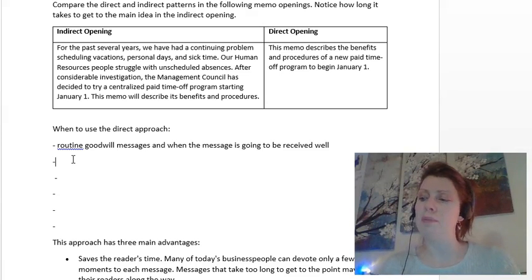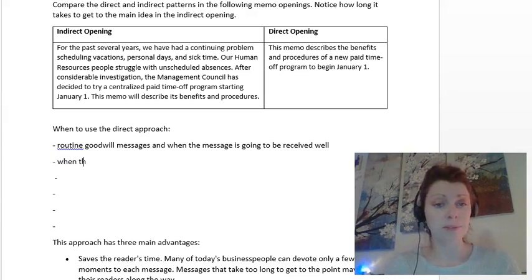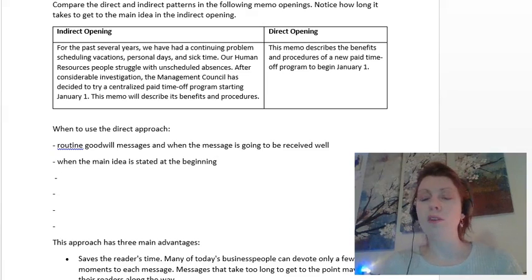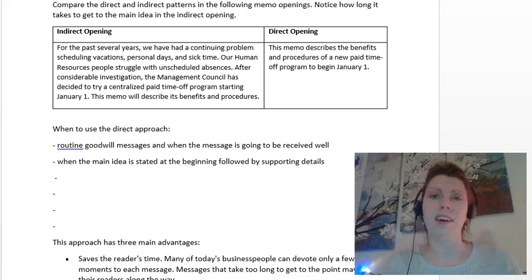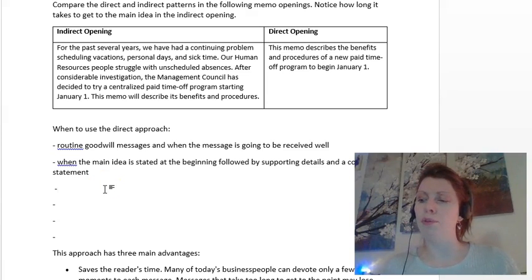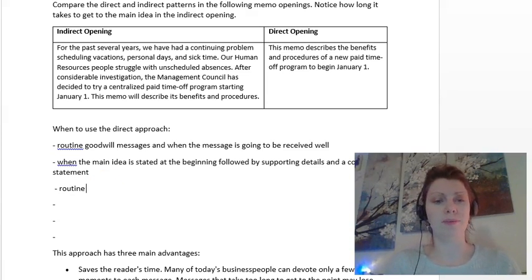You also use it when the main idea is stated at the beginning, followed by supporting details. And of course, for routine requests and responses.